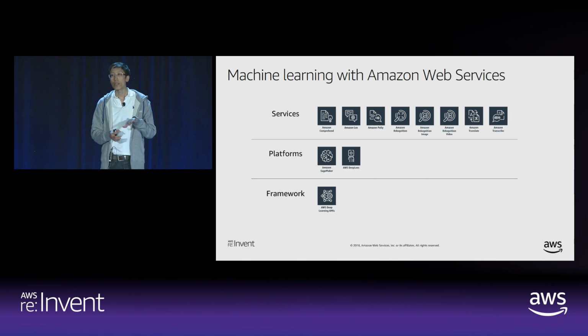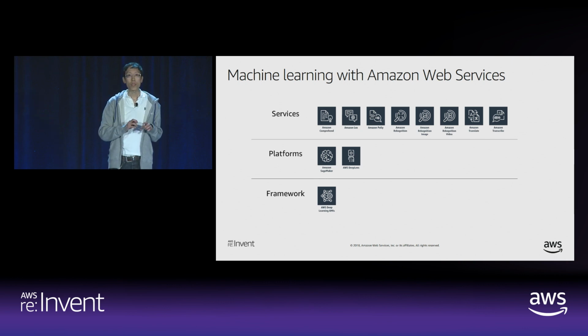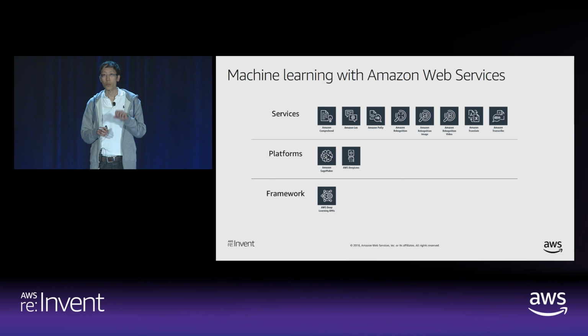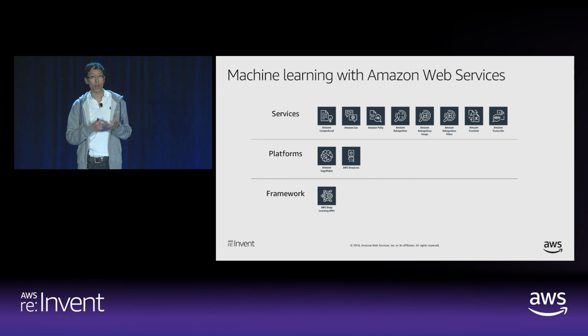So the second layer is a platform. That means you can customize and also you can build your model from your own data. So on this platform, for example, SageMaker is a platform to build AI models that you can customize, and also you can use the off-the-shelf algorithms.